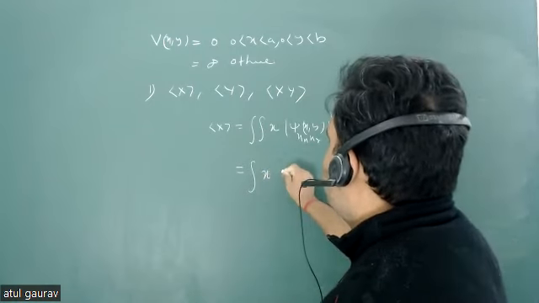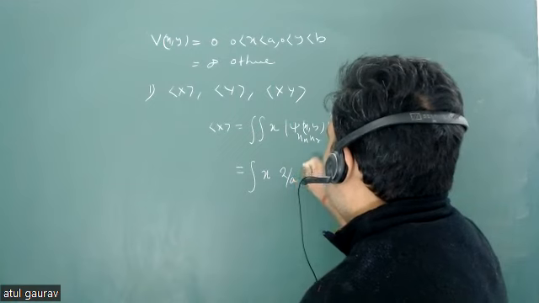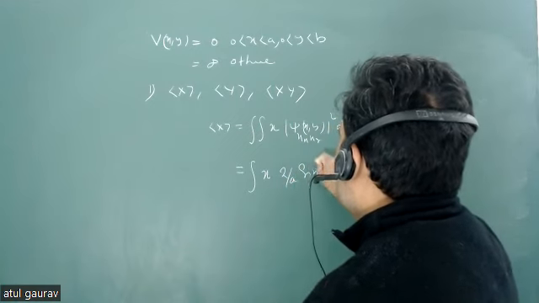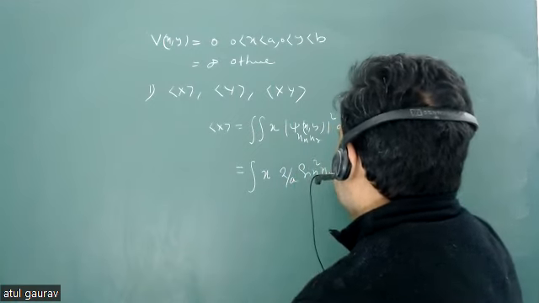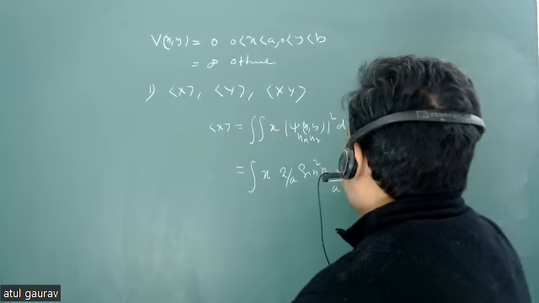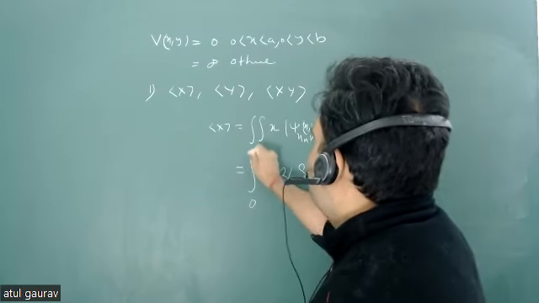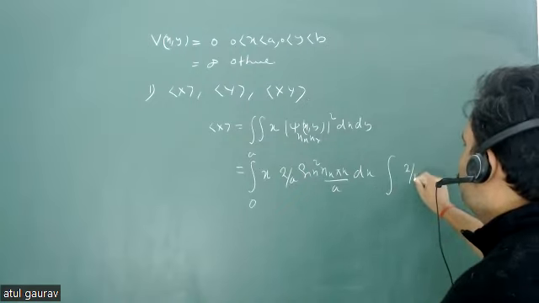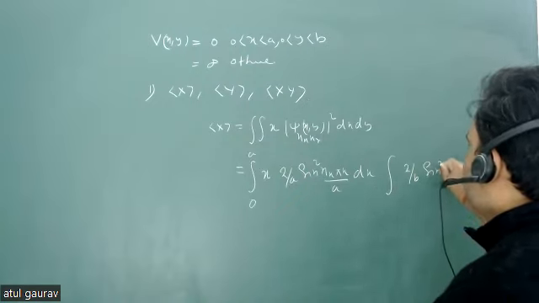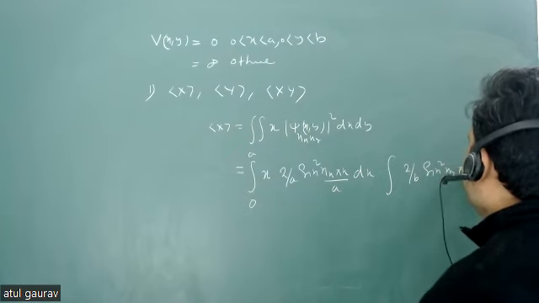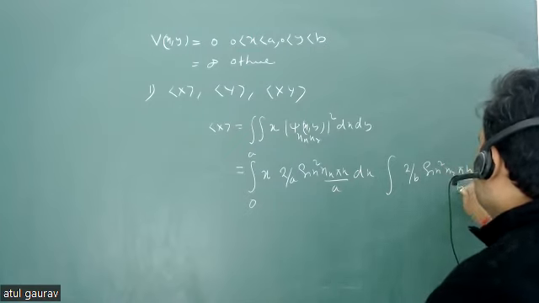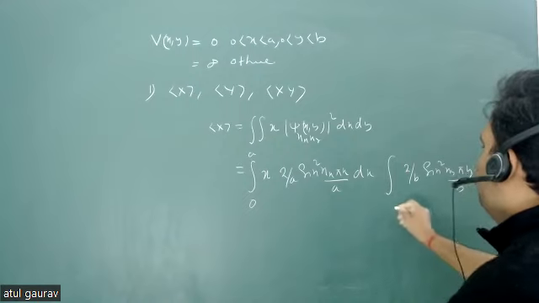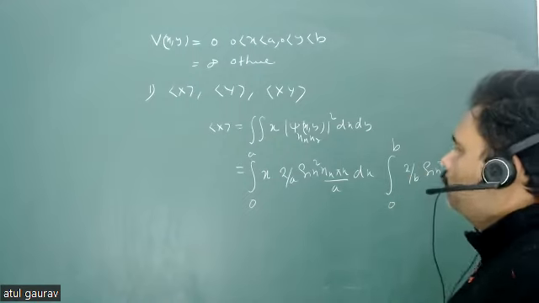So this will be x 2 upon a sine square nx pi x upon a dx 0 to a, and second term is 2 upon b sine square ny pi y upon b dy 0 to b.